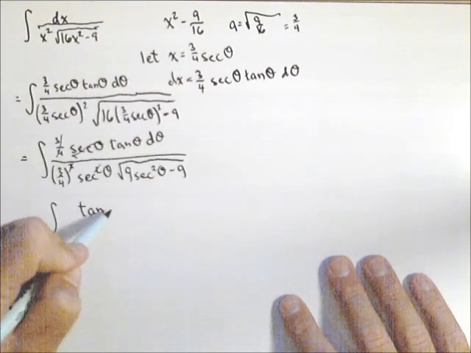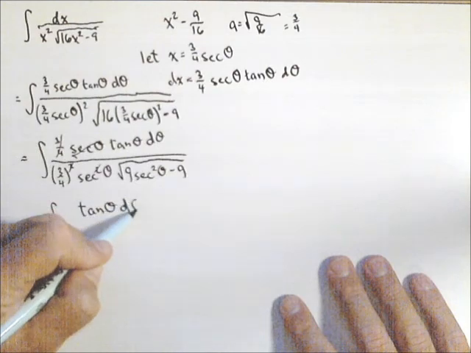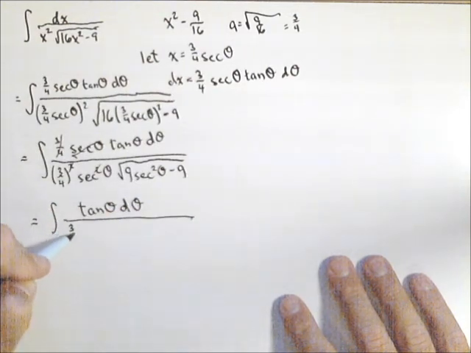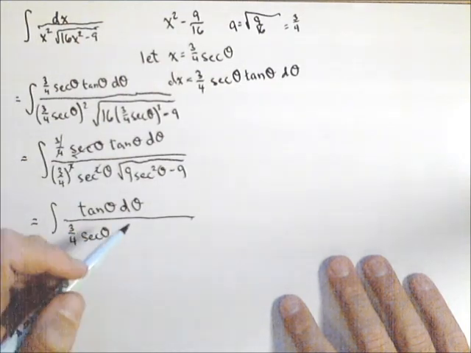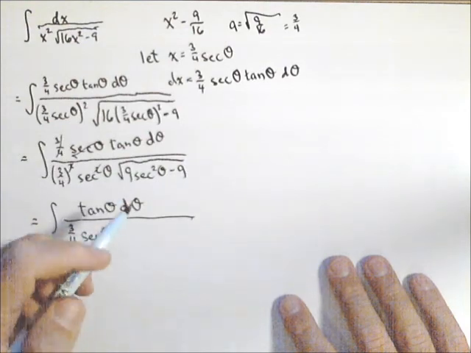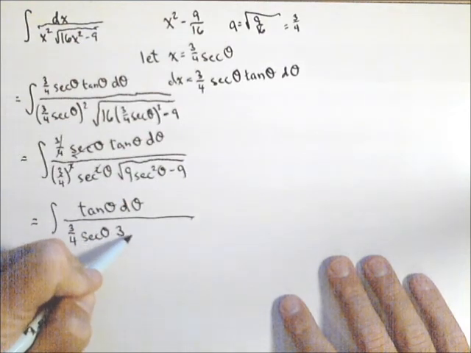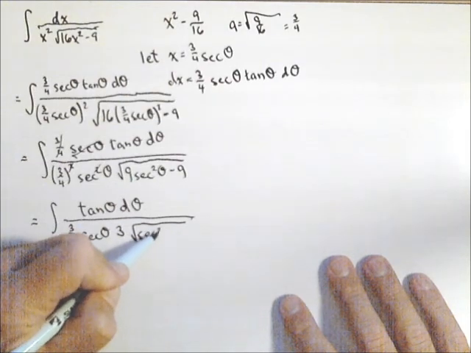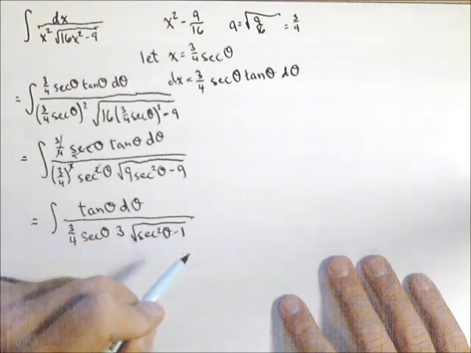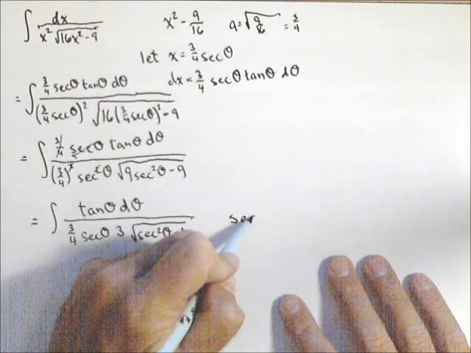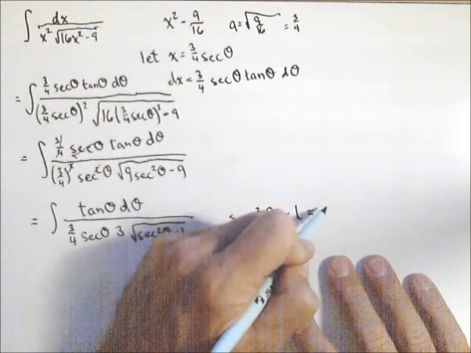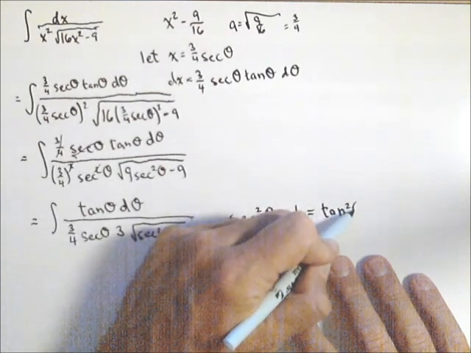Right now we're at tangent theta d theta all over 3/4 secant theta. We factored out the 9 and pulled it out of the radical, so 3 times secant squared theta minus 1. Now the reason we do that is by the Pythagorean identity. Secant squared theta minus 1 is equal to tangent squared theta.